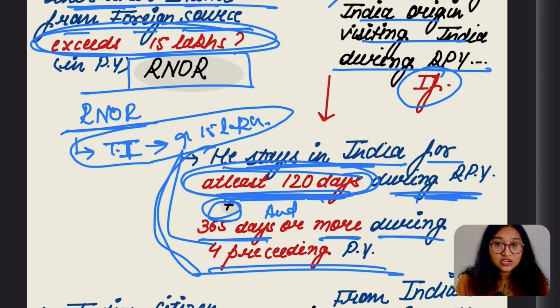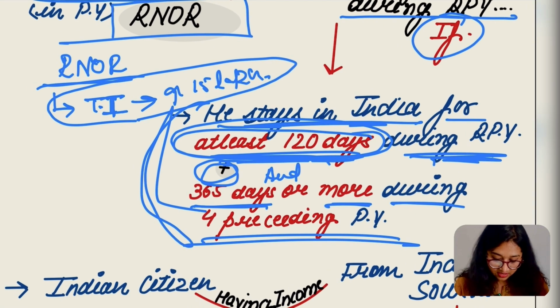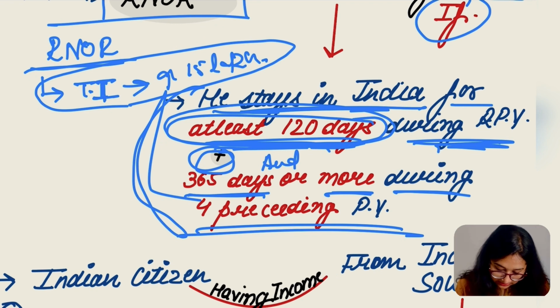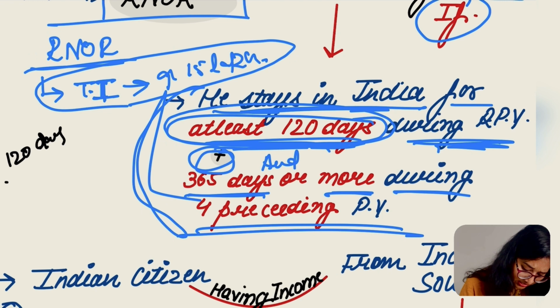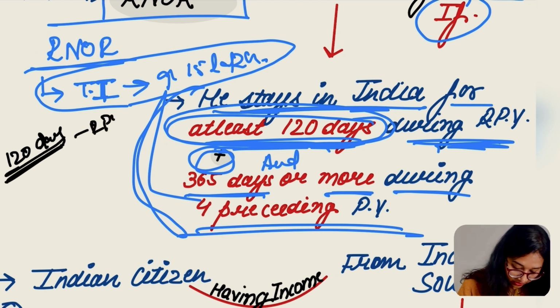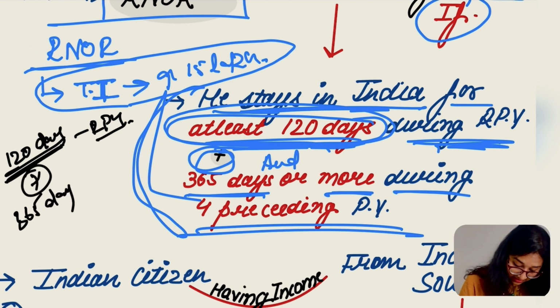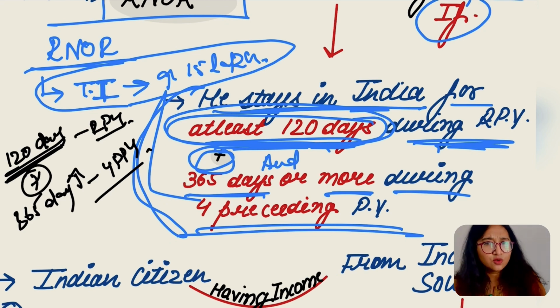The first condition is that his total income from India is more than 15 lakh, and if the other condition is satisfied, they would be RNOR. The other condition says that he stayed in India for at least 120 days, not 60 days, during the relevant previous year, and 365 days or more during the 4 preceding previous years, 4 PPY. Hope this part was clear.